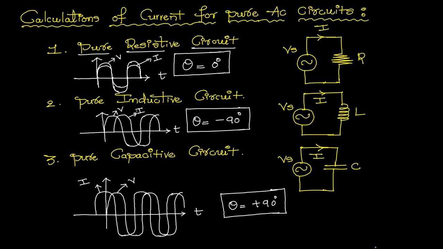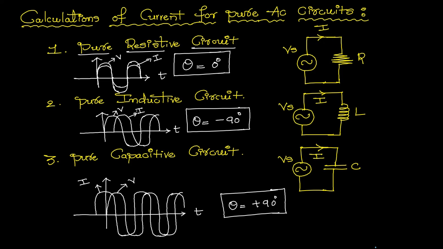And we know that in a purely resistive circuit, the phase angle between the voltage and current is always 0 degrees. In a purely inductive circuit, the phase angle between the voltage and current is always minus 90 degrees because of the property of the inductor. An inductor is an element which does not allow sudden changes in current.